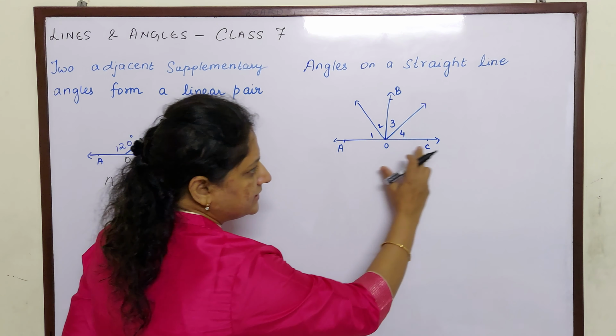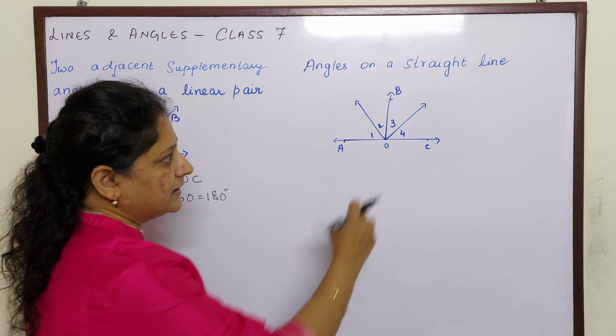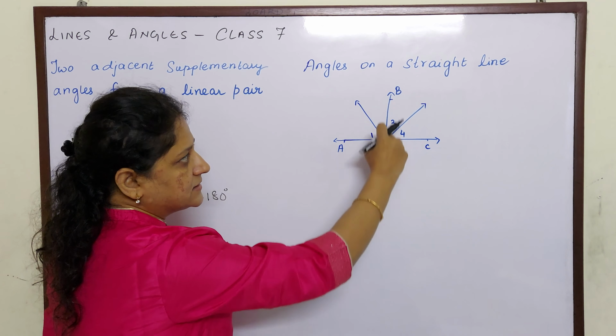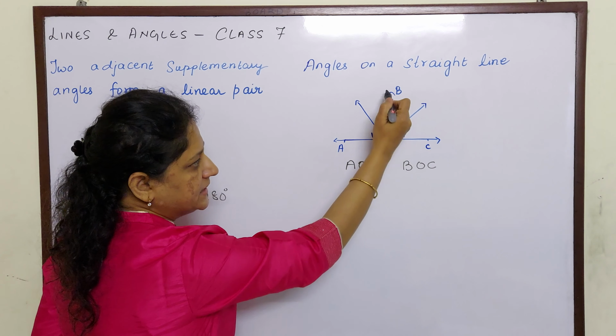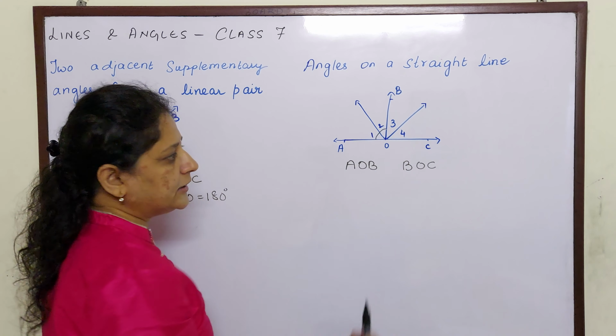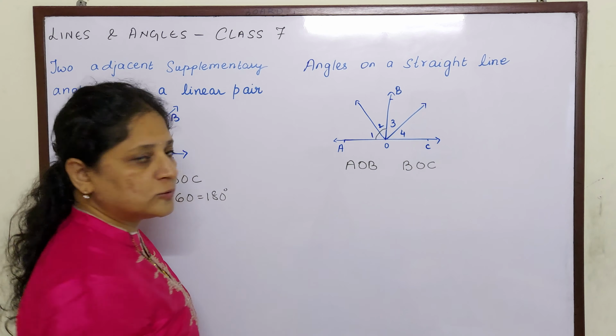Now you can see AOC is a straight line and there is a ray OB standing on AOC. Now if OB is the common arm, so you can say AOB and BOC are adjacent angles because to the left of OB is AOB, that is this, and to the right of OB is BOC.